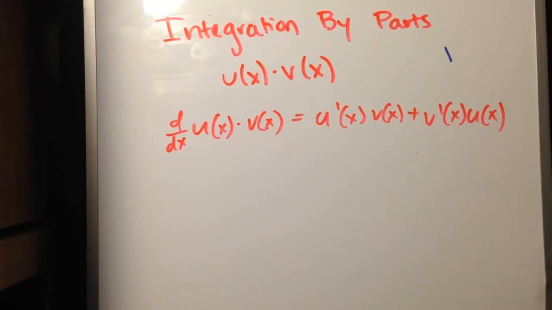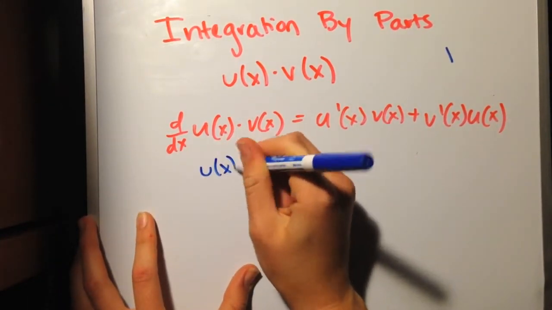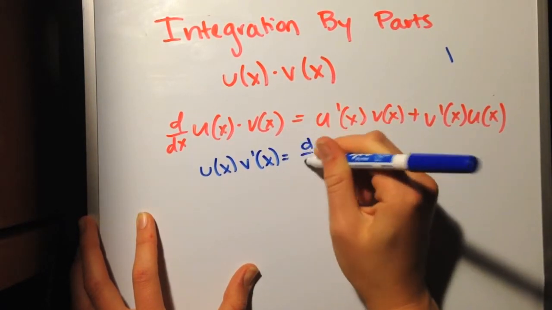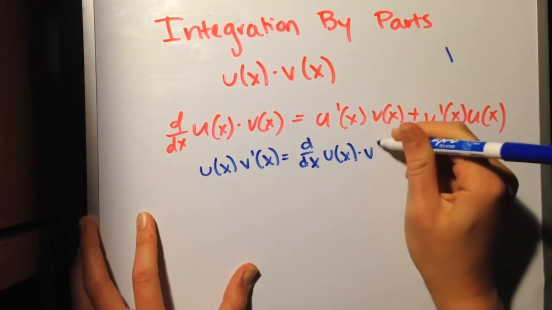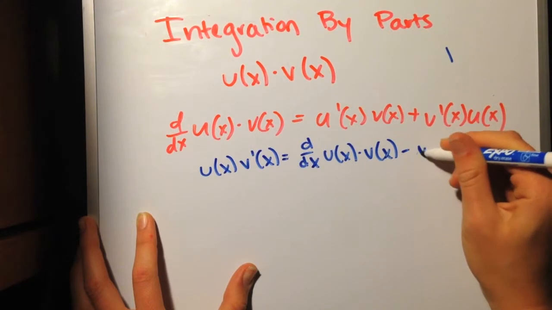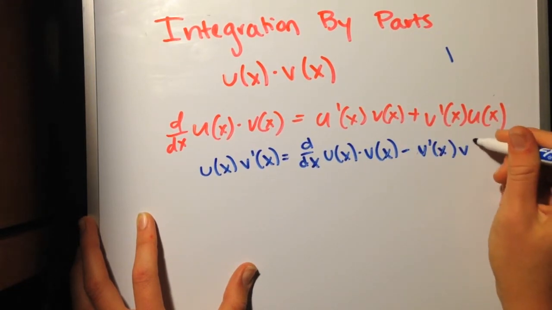If we rearrange this statement by subtracting u prime of x times v of x from both sides, we get u of x times v prime of x equals the derivative of u of x times v of x minus u prime of x times v of x.